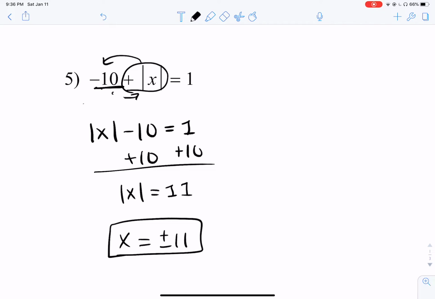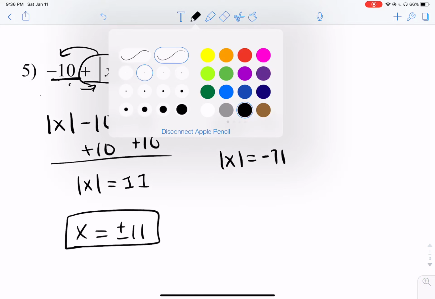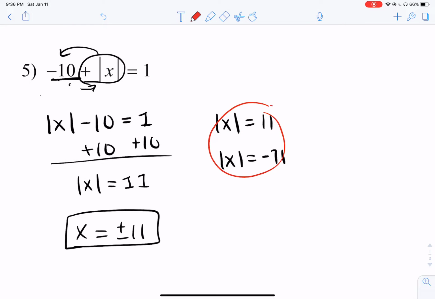And here's your solution. Now, something that I did see some of y'all do on your assignment is you were writing that the absolute value of x was equal to 11, and then the absolute value of x is equal to negative 11. This is not the way we write the solution, okay? This is not the correct way of writing this solution right here. The value of x is equal to positive or negative 11, okay?